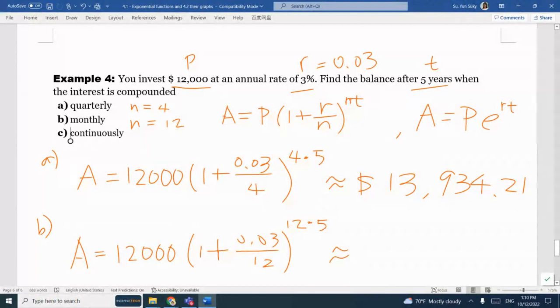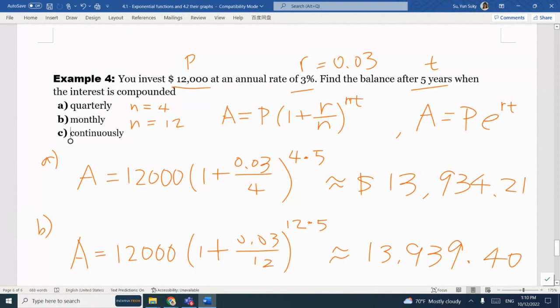What number do you get? 13,939.40. Thank you. Do you see this number is bigger than that number? It makes sense because the more compounding you do, the more money you get.